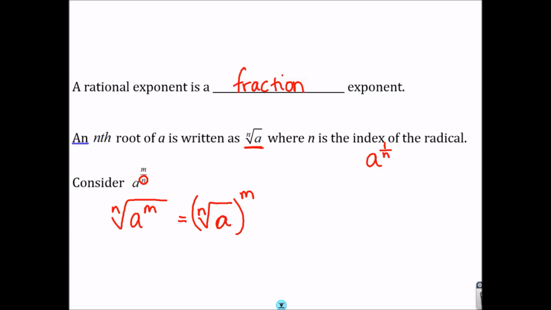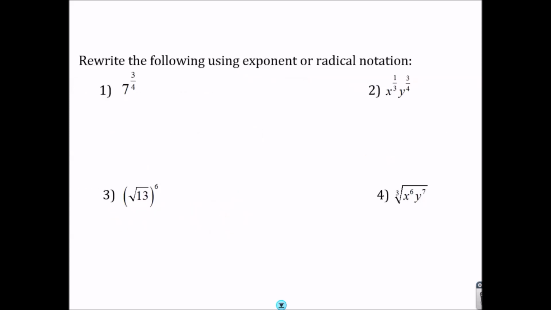Those are equivalent. As long as n is the index, m can be the exponent of a or the exponent of the entire radical. So we're going to rewrite these using exponent or radical notation. If it's in rational exponent form, we're going to convert it to radical form and vice versa.